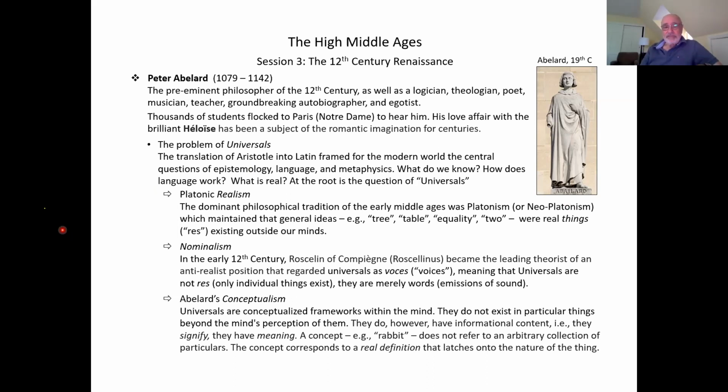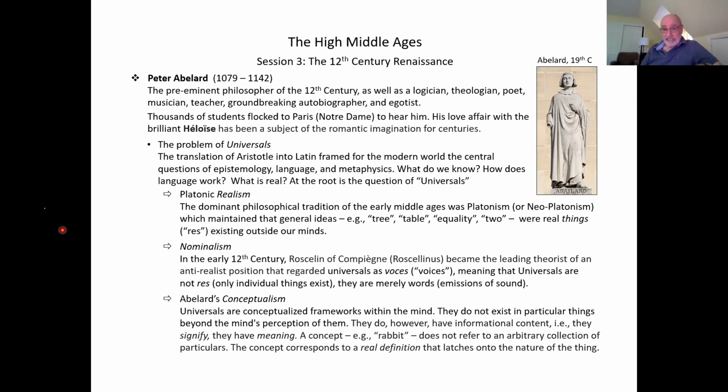Early in the 12th century, Roscelin, and he may not have been the first, but Roscelin of Compiègne, otherwise known as Roscelinus in Latin, became the leading theorist of an anti-realist position that regarded universals as voces, voices, meaning that universals are not res, they don't really exist as things outside the mind. They're merely words.